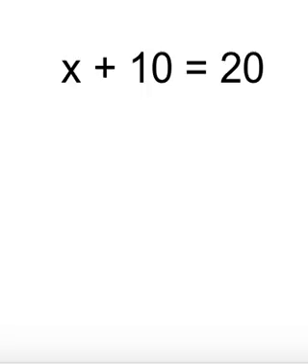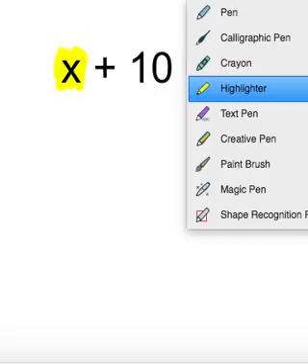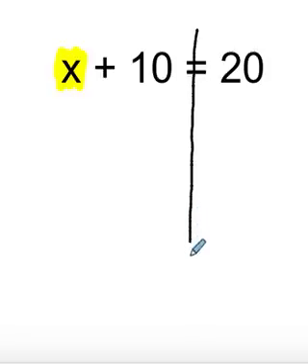Example number 2 in our notes, x plus 10 equals 20. Now I did this because I know the answer to this. I'm working on the process or the steps. So number 1 is to find my variable so I can isolate. So x is my variable. I'm going to split my equation down the middle so I have a left and a right side.